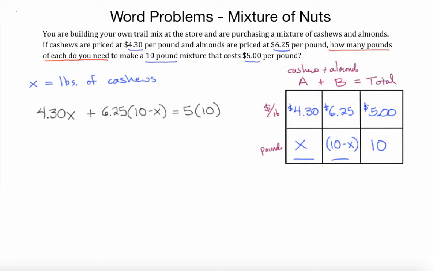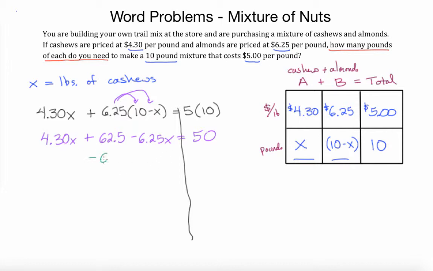Okay, let's solve our equation. Let's figure out what x is here. I've got some distributing to do. I'm going to multiply 6.25 through. So now we've got 4.30x plus 62.5 minus 6.25x, once I distributed, equals 50. The next step, let's combine like terms.